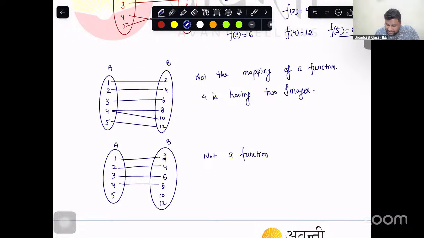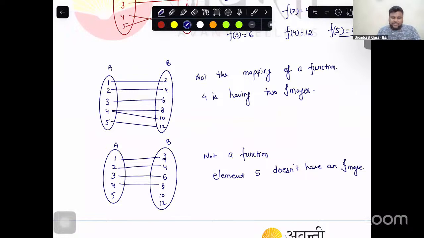Because element 5 does not have an image. Am I correct?